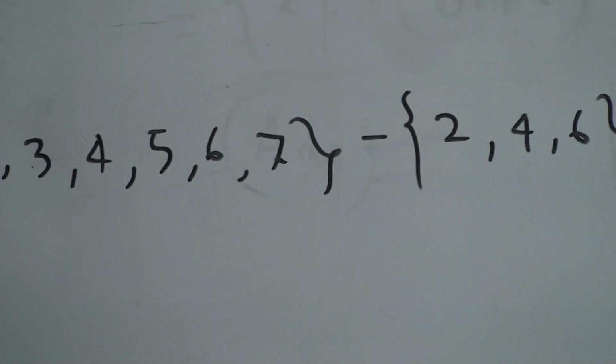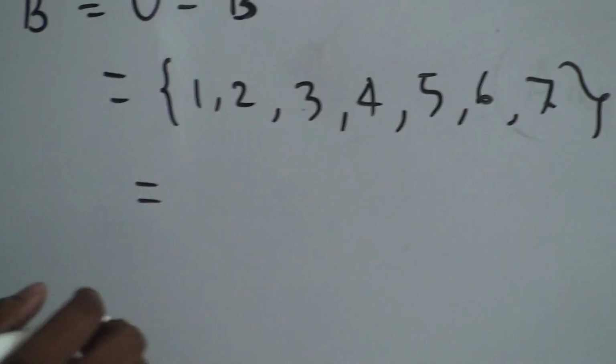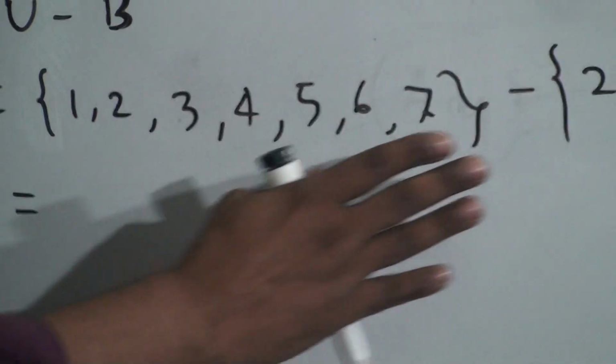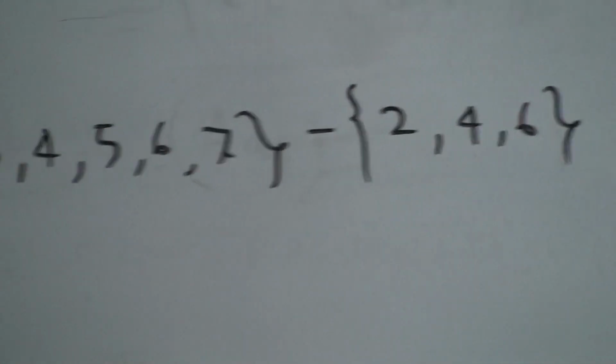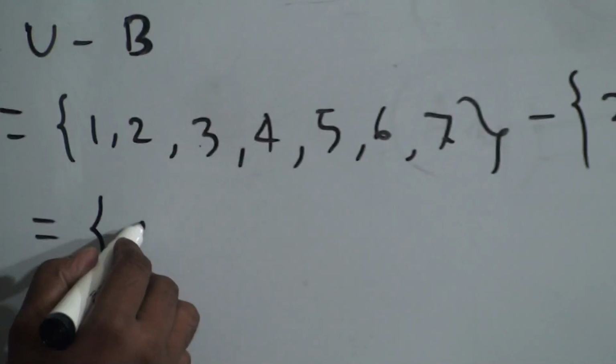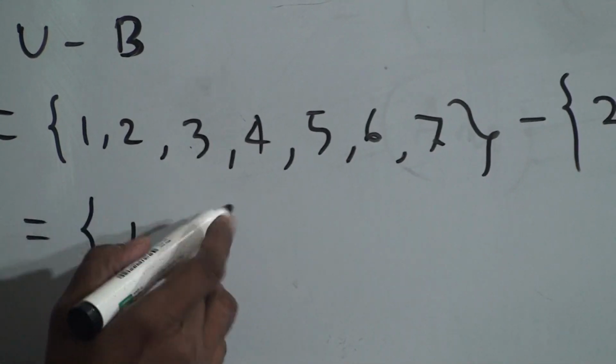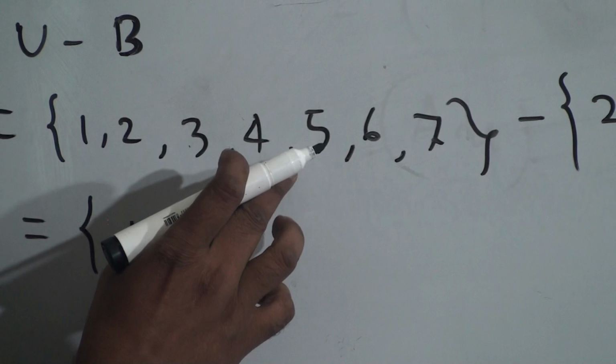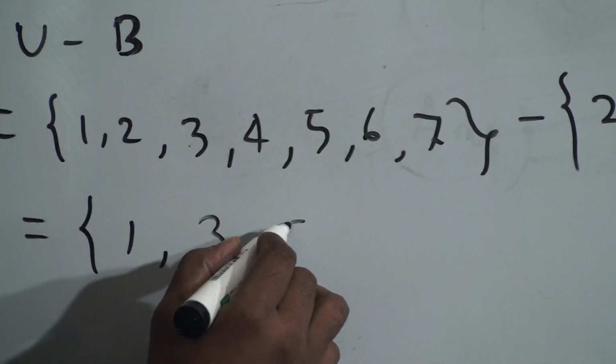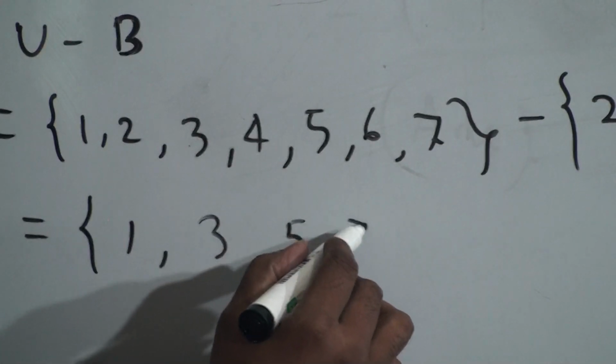This is equal to the elements which exist in this set but do not exist in this set. Such elements are 1, 3, 5 and 7.